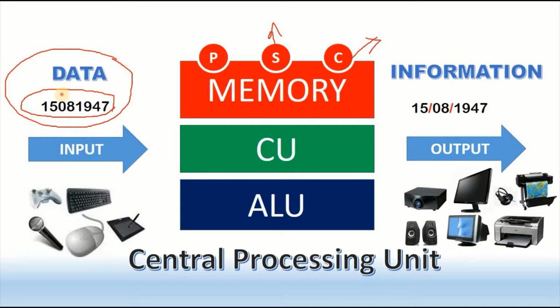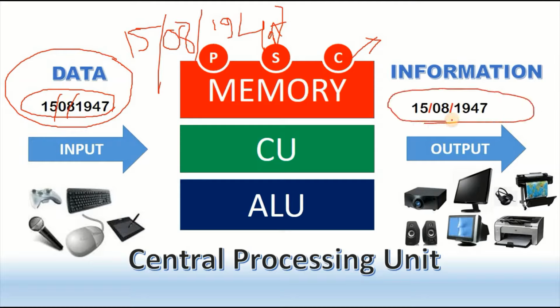But when I use some slashes, 15/8/1947, now say what is this? Look here, this is a date, not only a simple date, this is our Independence Day, 15th August 1947, and you must remember this day is Friday. Okay, so here it is data, but after processing it becomes information.